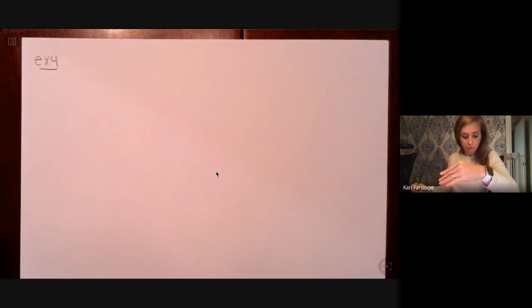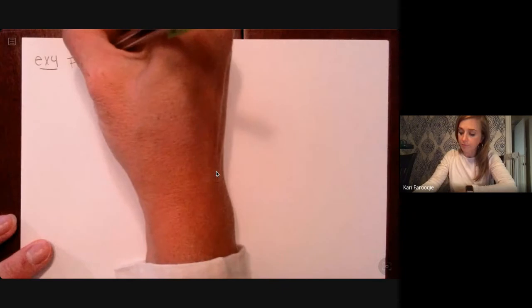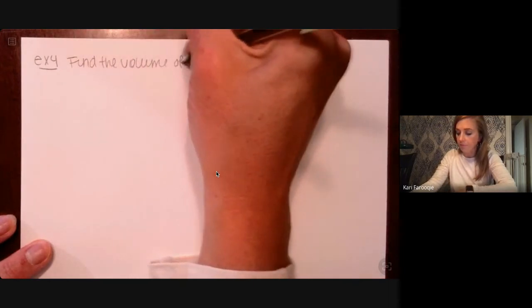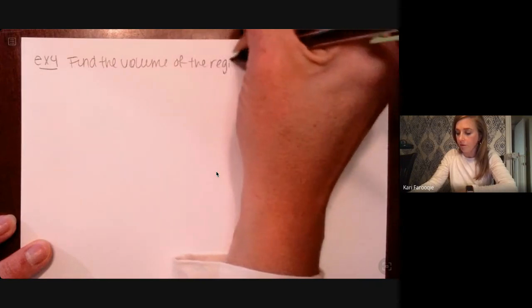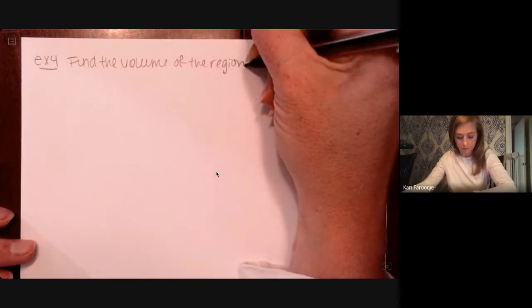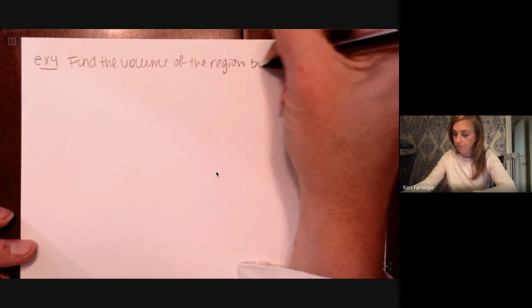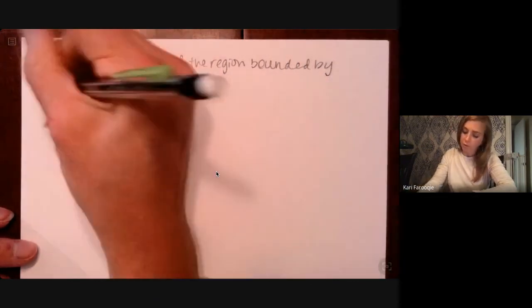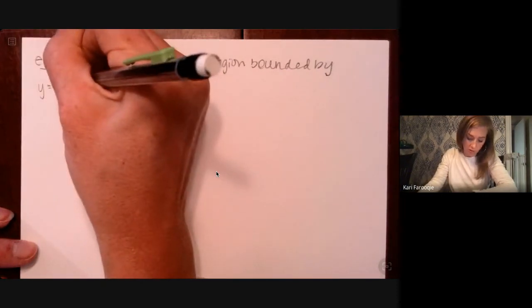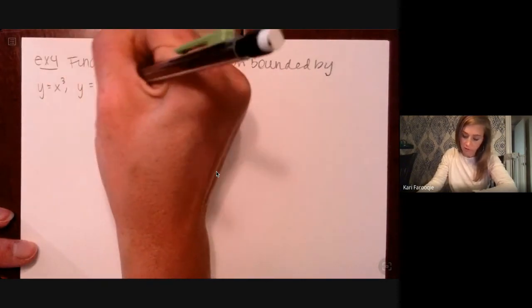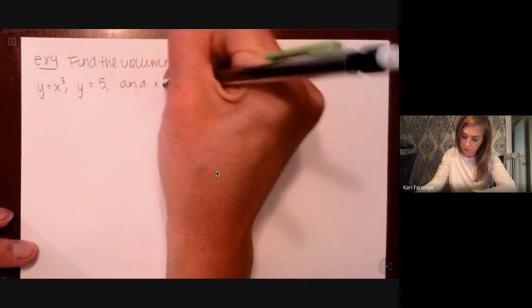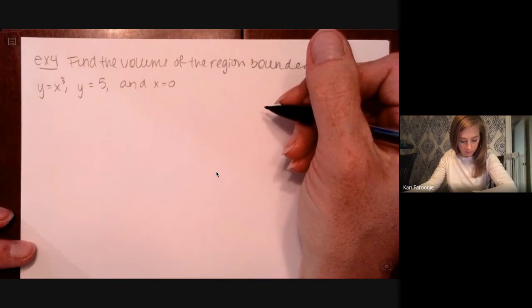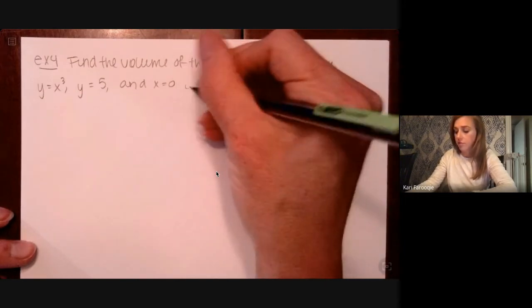Find the volume of the region bounded by y equals x cubed, y equals 5, and x equals 0 when revolved about the y-axis.